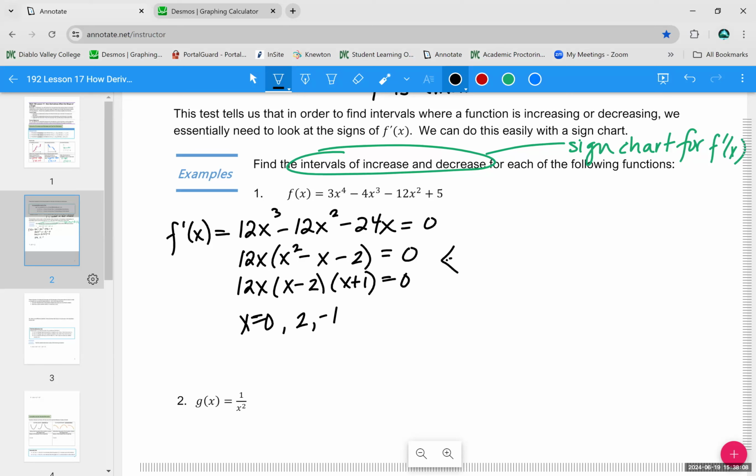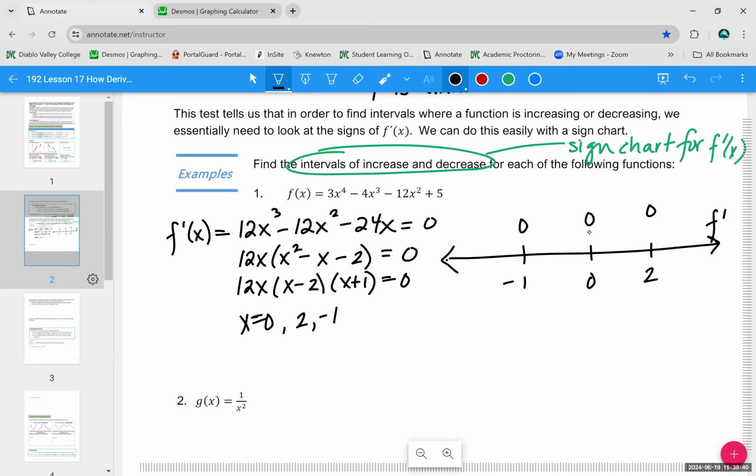So if I throw those onto a number line, -1, 0, and 2. Remember, when you make a sign chart, I put the zeros down below as the x values, and up above stands for what the function is doing, the f prime of x. And I always like to label my sign charts with what function it is, because we end up making more than one sign chart in a problem sometimes.